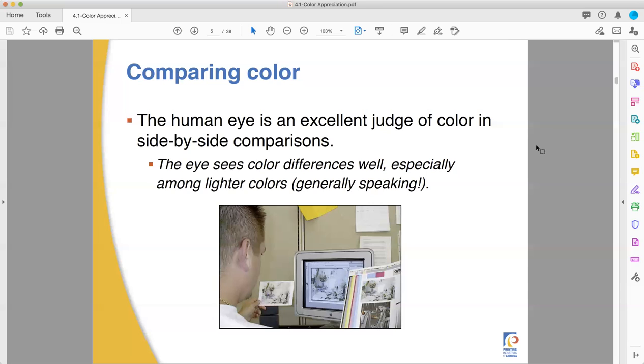That has to do with the fact that the rods in our eyes that see light to dark contrast don't need very much light to be sensitive, but it takes a significant amount of light to be able to use our cones. You need daylight more or less. And even then, the brighter the daylight is, the more things you're able to see. So lighter colors, brighter colors are easier for us to differentiate between than darker colors.